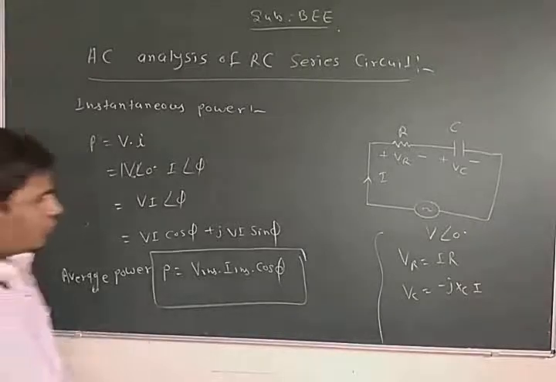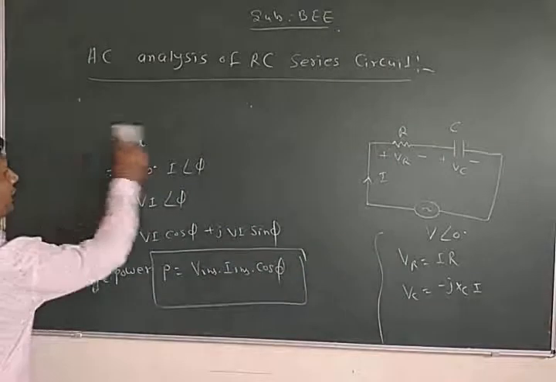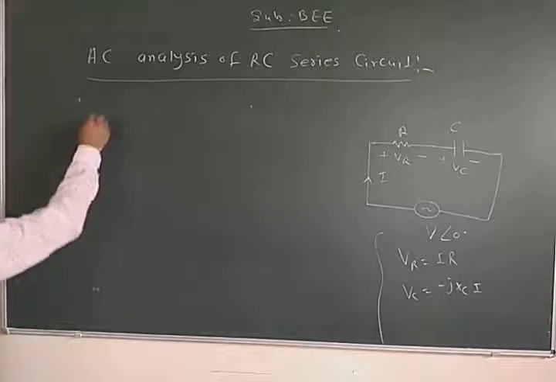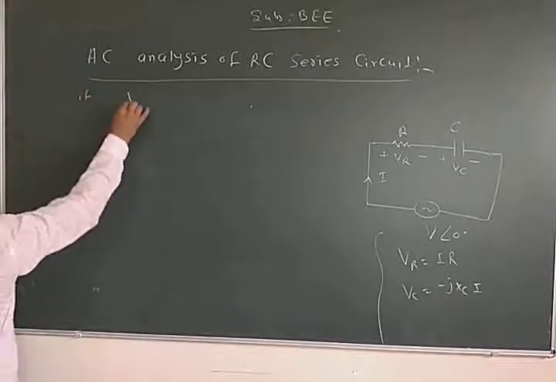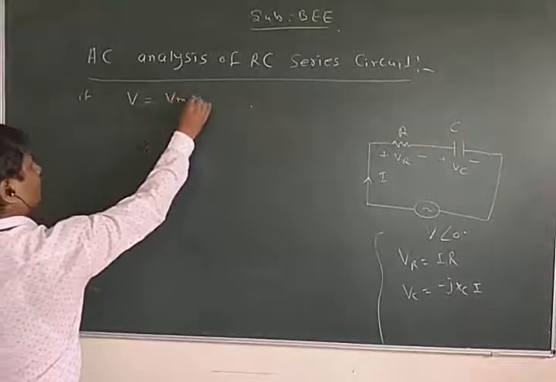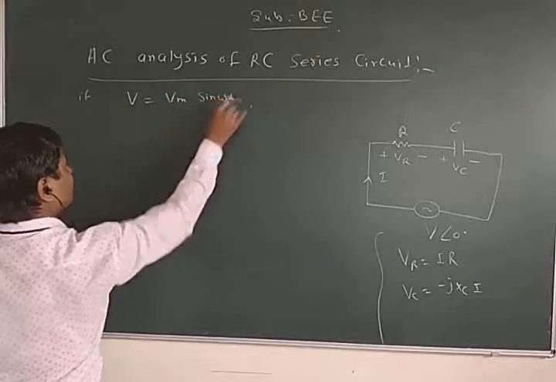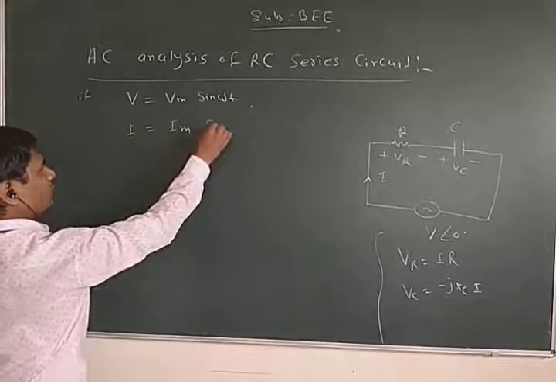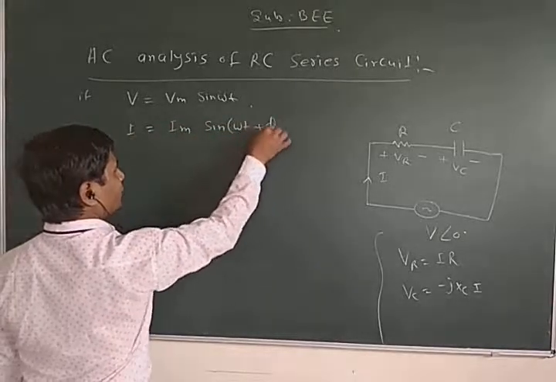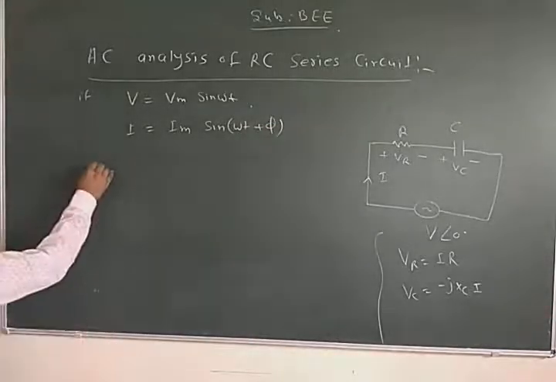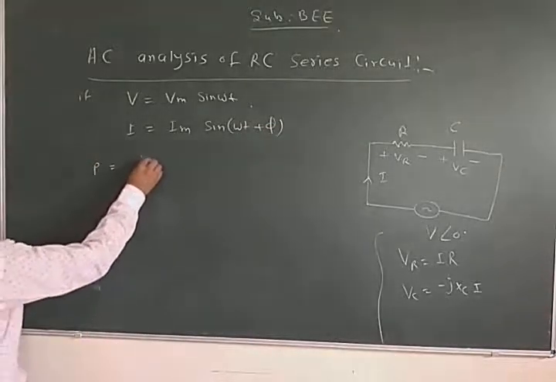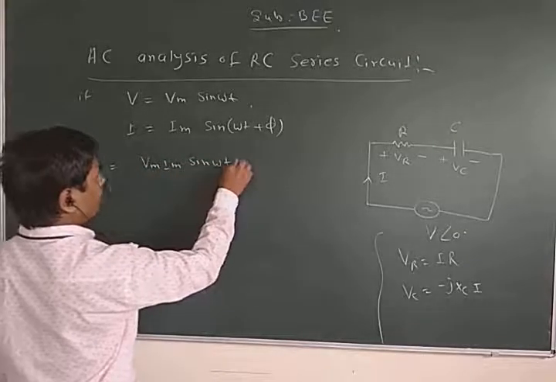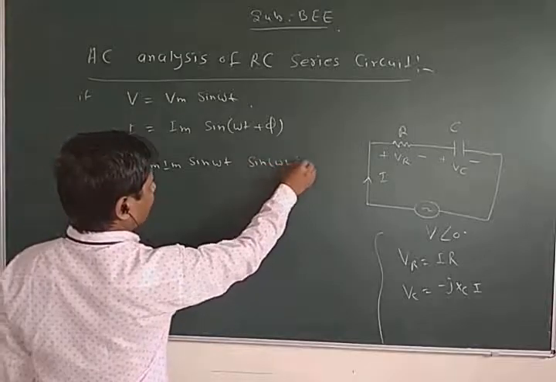So it can be proved, if we write V is equal to Vm sin omega t, then I will be equal to Im sin (omega t plus phi). The power P is equal to Vm Im sin omega t sin (omega t plus phi).